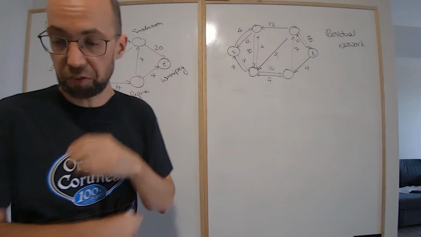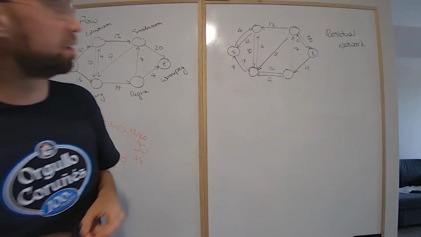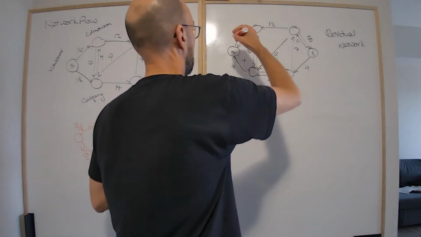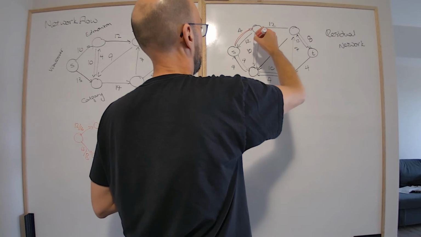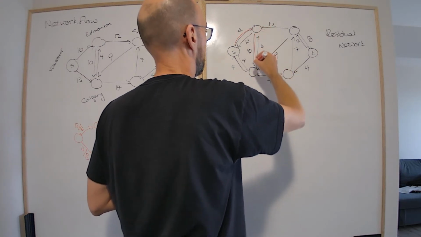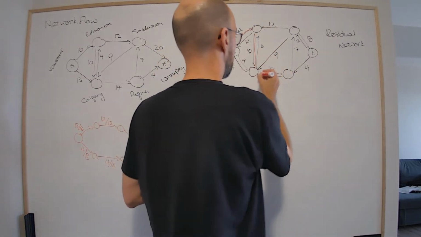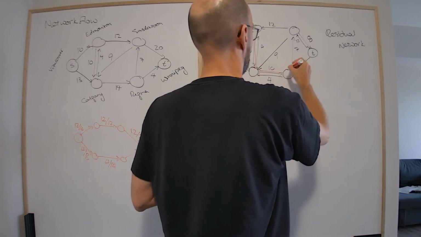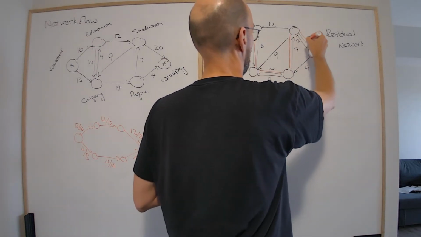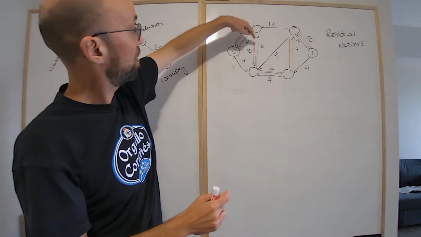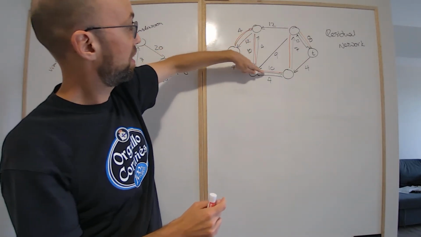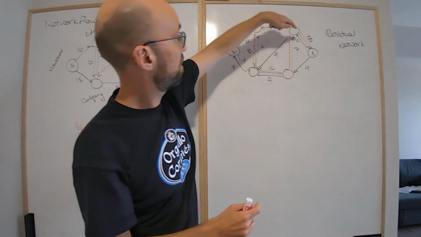Okay, so is there a path from S to T? Yes, there is. Look. We can send 4. Wow, okay, forget about how much we send. But we can get there, okay? So it goes 4 and 10 and 10 and 7 and 8.